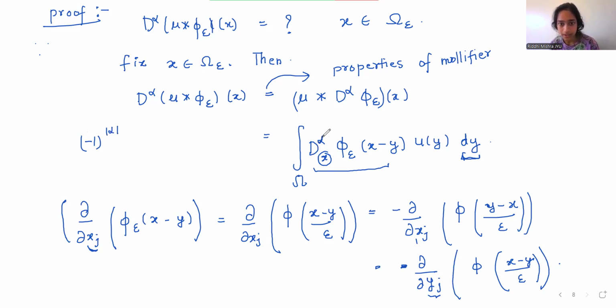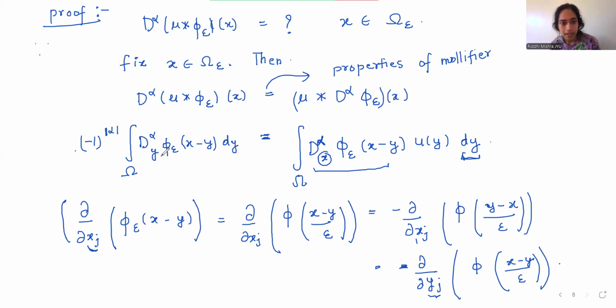Because this is a multi-index, the minus will appear with each iteration, so minus one to the power mod alpha will come, and you have transferred the derivative from x to y, dy.